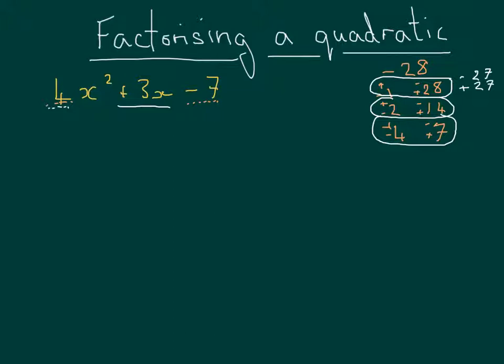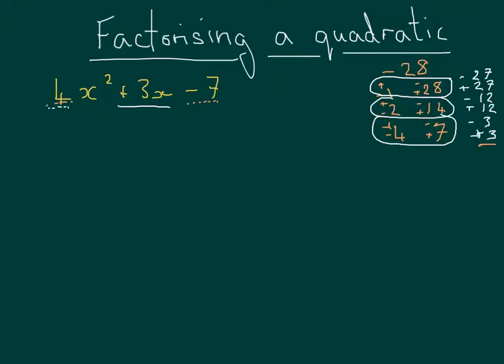Plus 2 take away 14 is minus 12, and minus 2 plus 14 is plus 12. Finally, we've got plus 4 take away 7, which is minus 3, and minus 4 plus 7 gives us our plus 3. And that's the one we want, the plus 3. So we're going to use minus 4 plus 7.